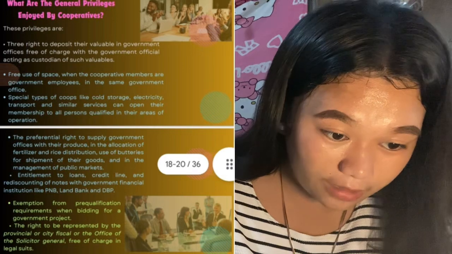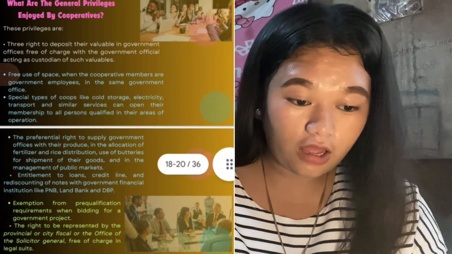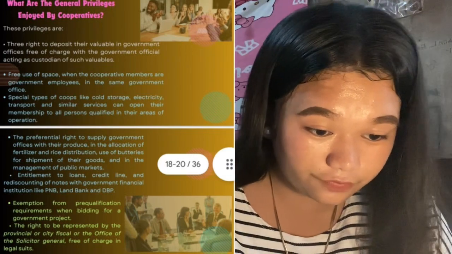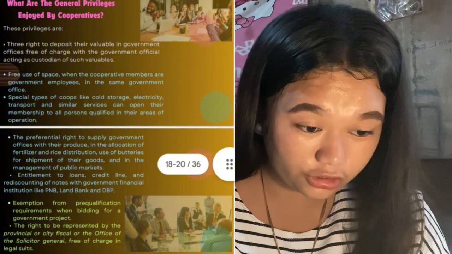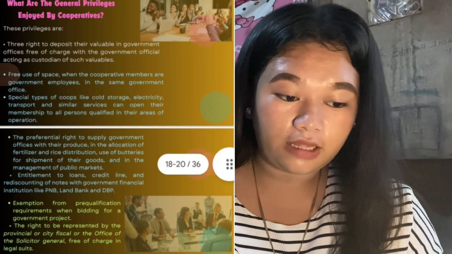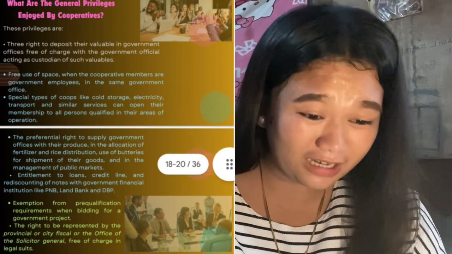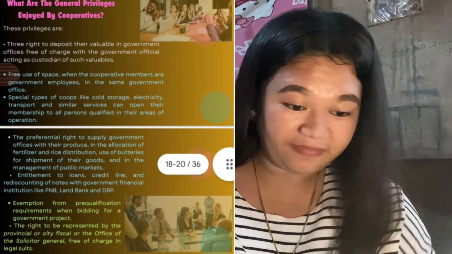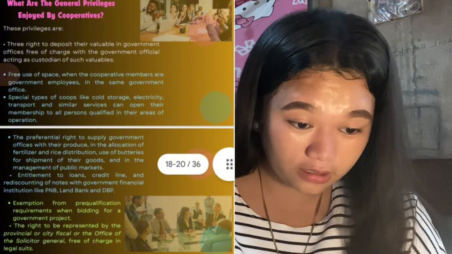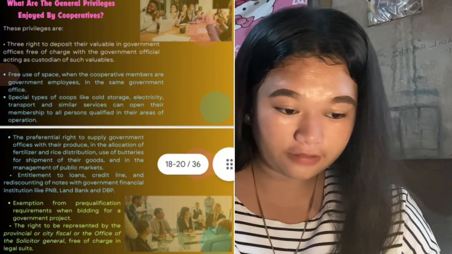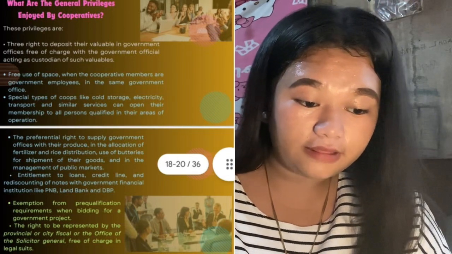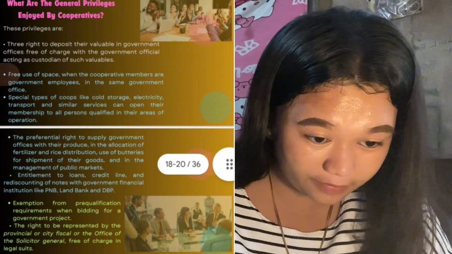The next one is the preferential right to supply government offices with their produce, in the allocation of fertilizer and rice distribution, use of batteries for shipment of their goods, and in the management of public markets. Next is entitlement to loans, credit line, and rediscounting of notes with government financial institutions like PNB, Land Bank, and DBP.